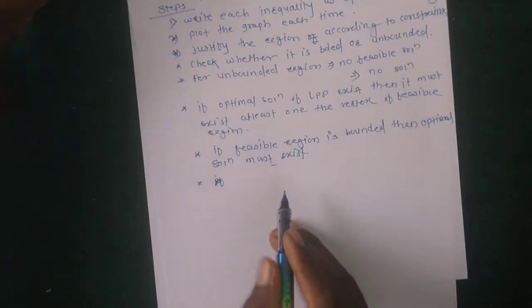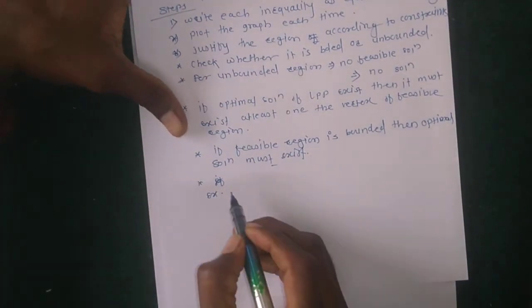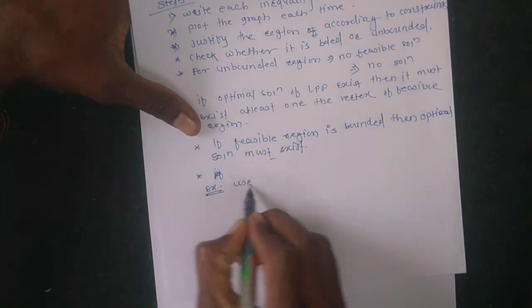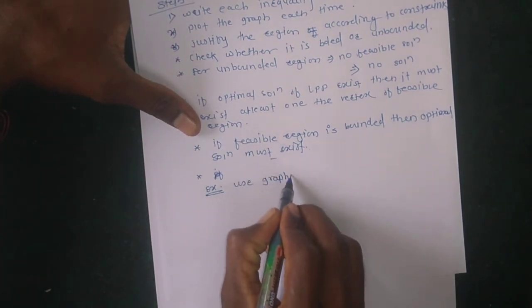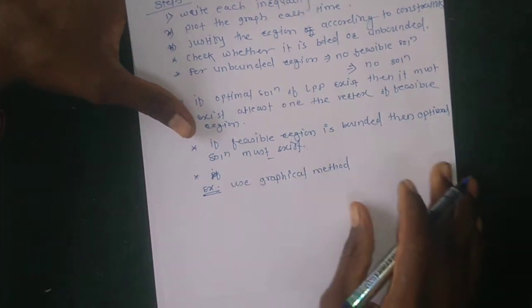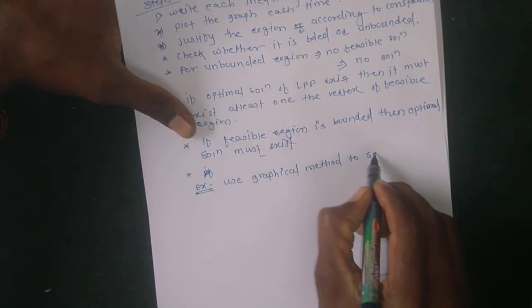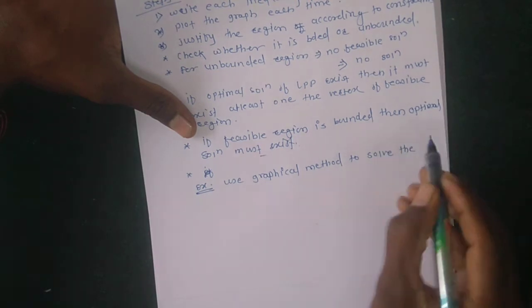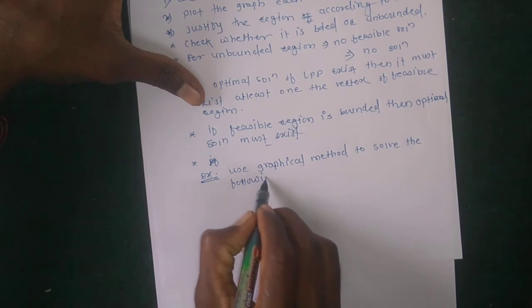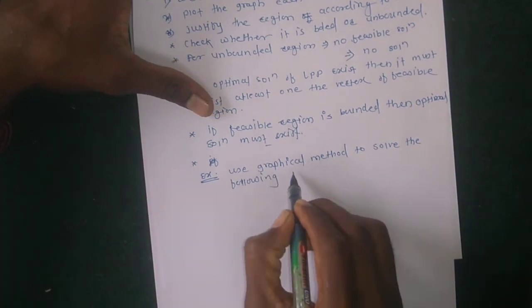Now let us see an example. Use the graphical method to solve the following linear programming problem.